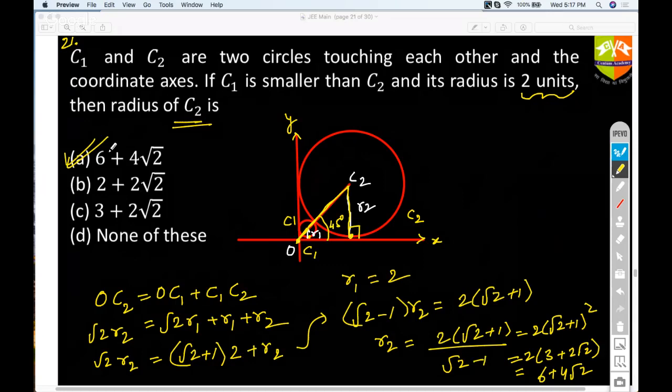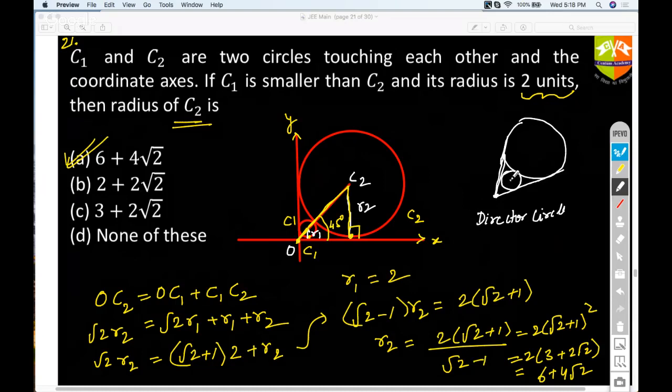Is that fine? Now the same question can also be framed as there is a circle, correct? And from a point on the director circle, two tangents are drawn and there is a circle which touches the circle and these two tangents, correct?